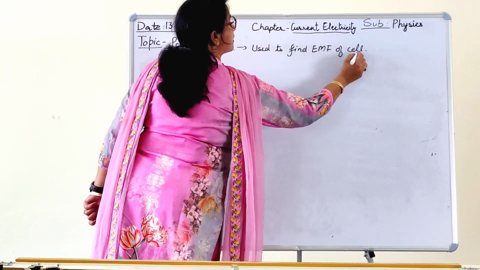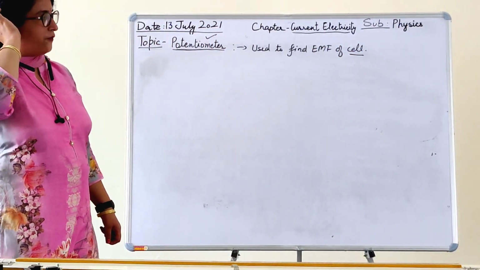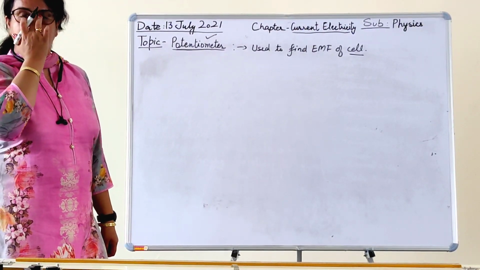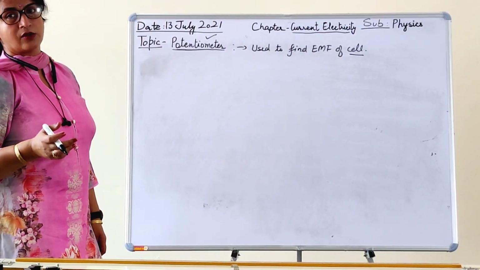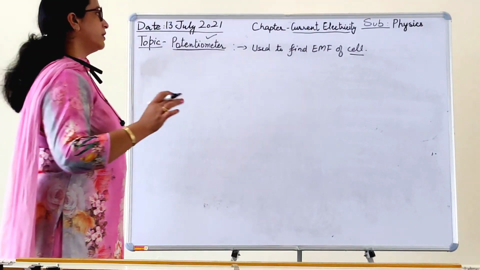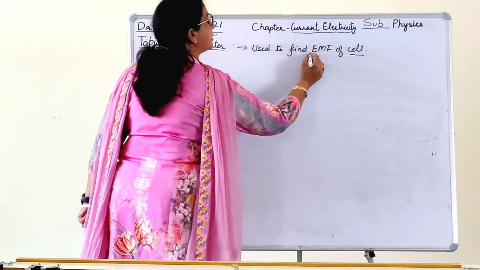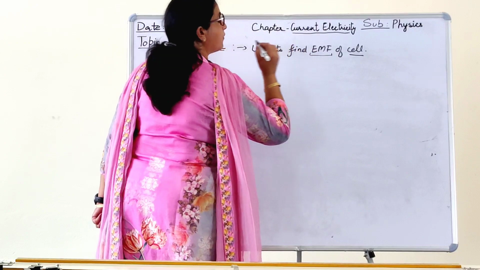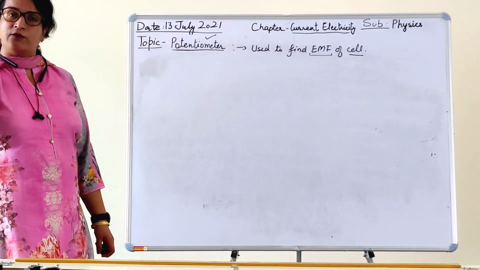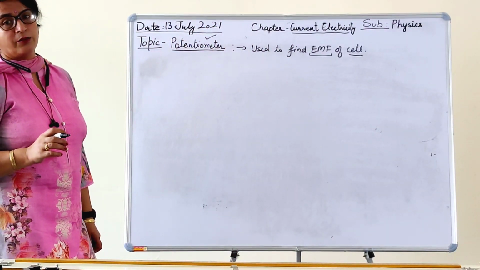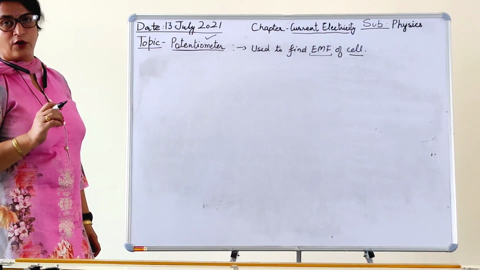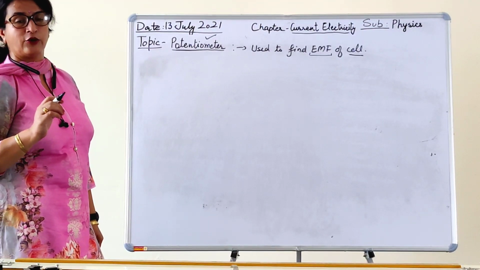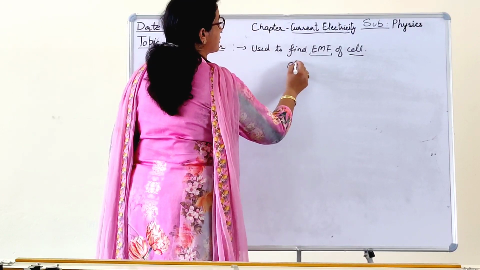We have already discussed the terminal potential difference, the EMF, and the internal resistance of the cell. This potentiometer is used to find out the EMF of the cell. A simple voltmeter can't be used for finding EMF, the electromotive force.